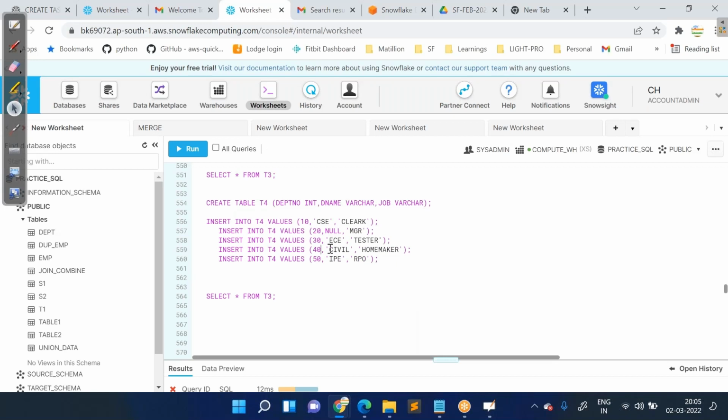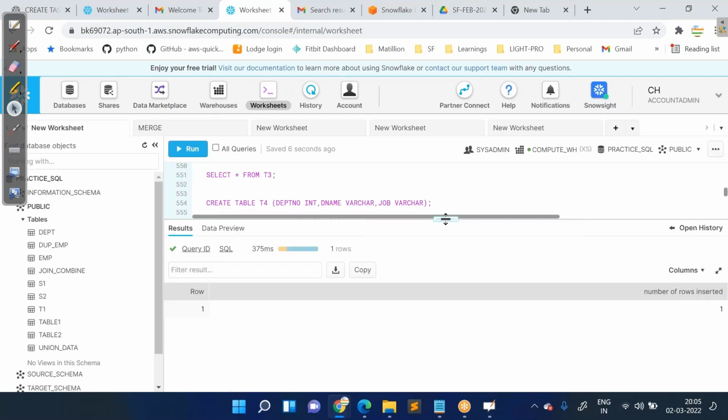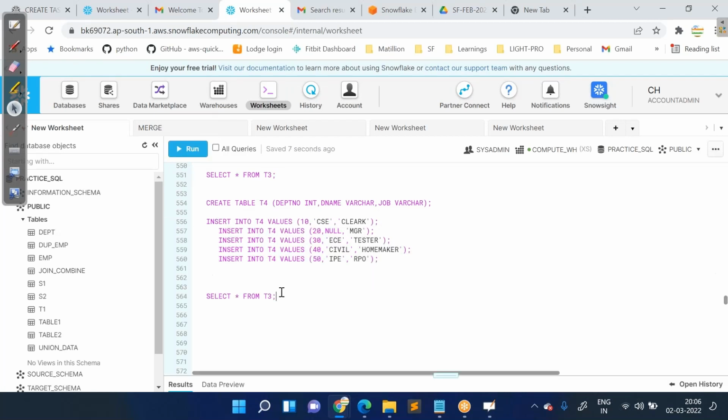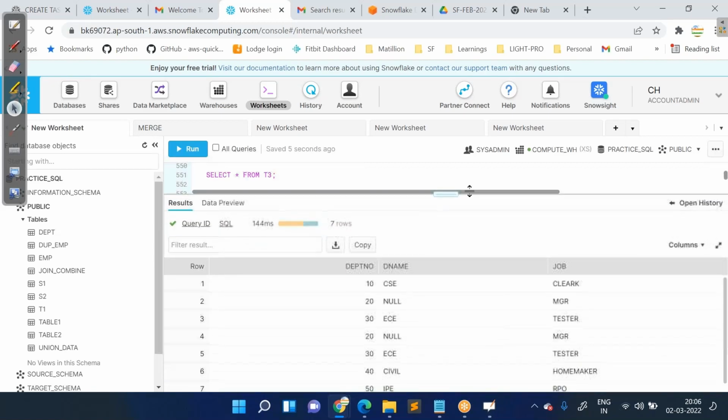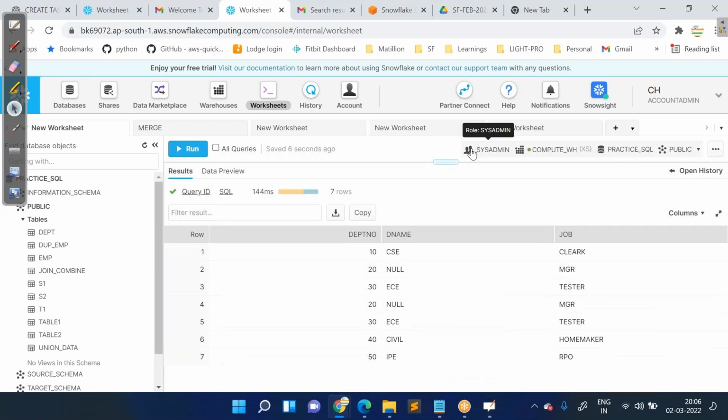There is some problem here. Some duplicate records also got loaded.